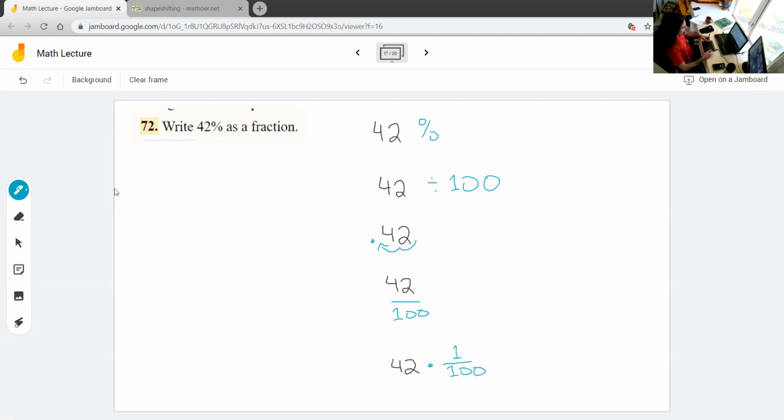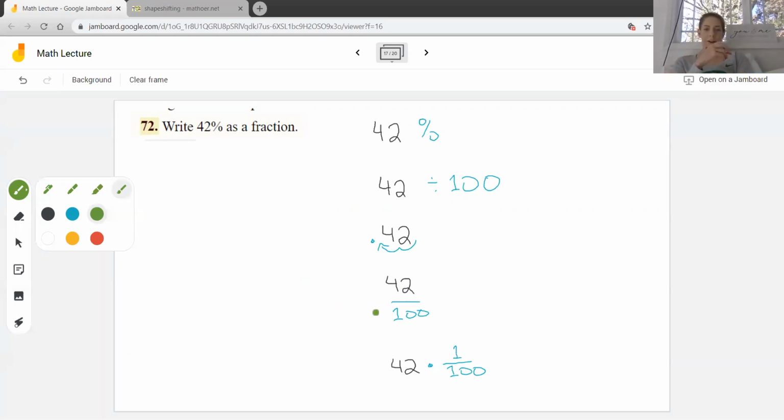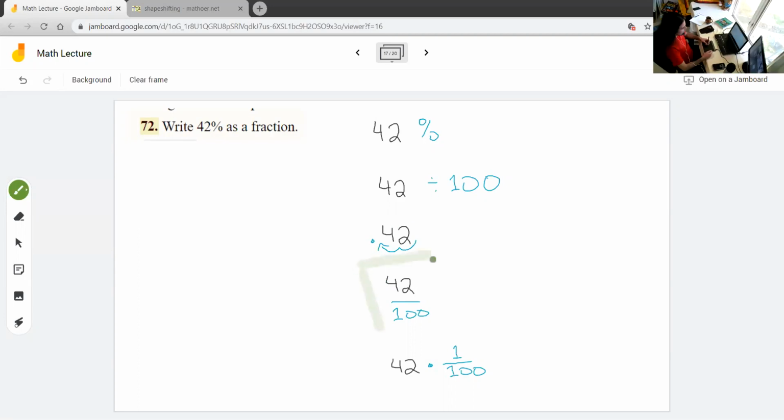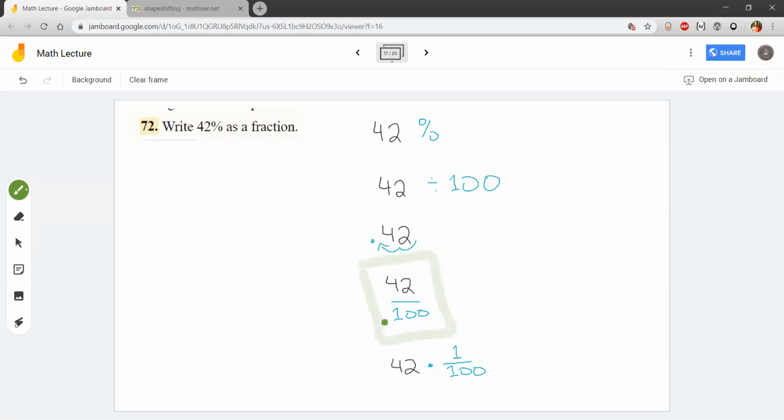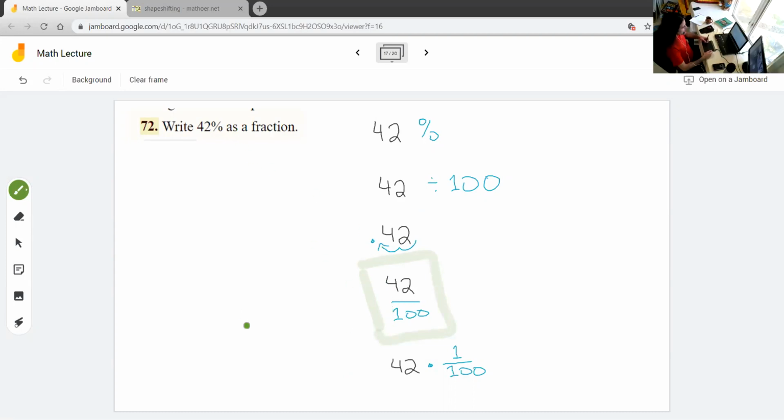So this time, what's the lazy choice? Uh, 42 divided by 100. Not that one, this one. So I want to make it a fraction. I'm just going to write it over 100.